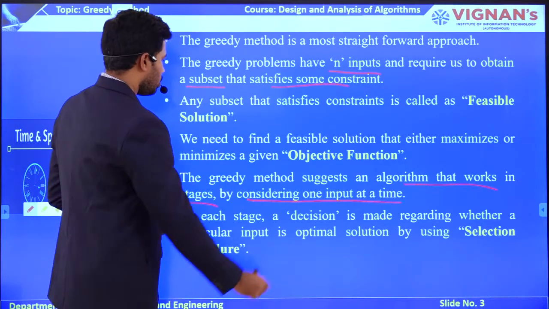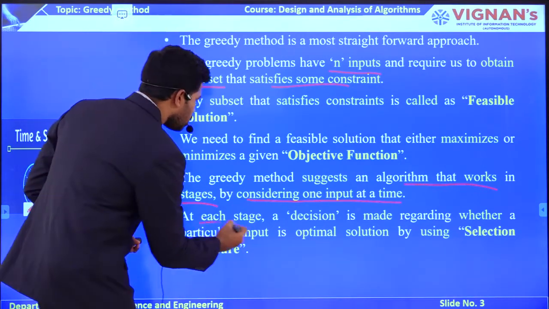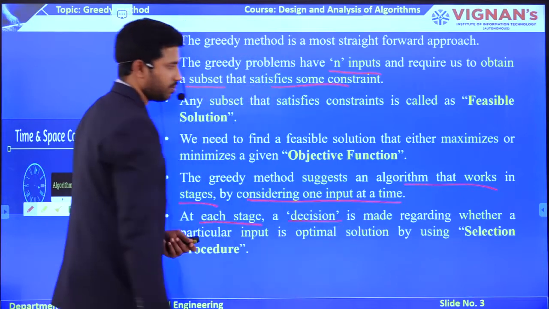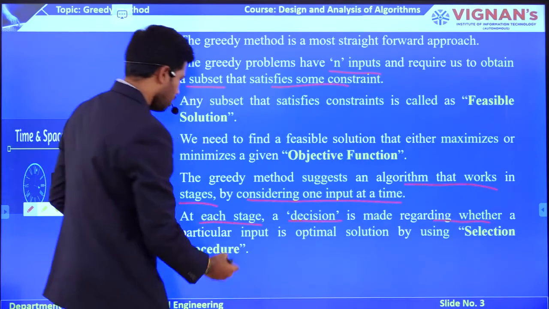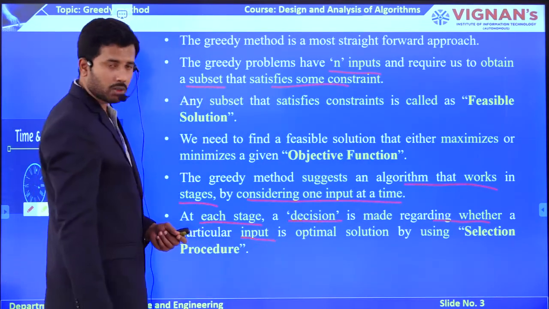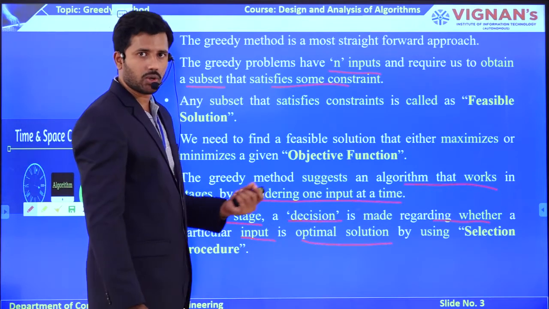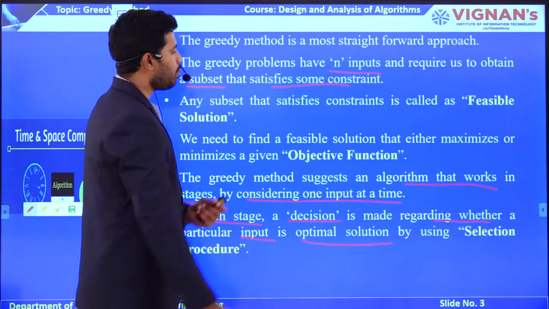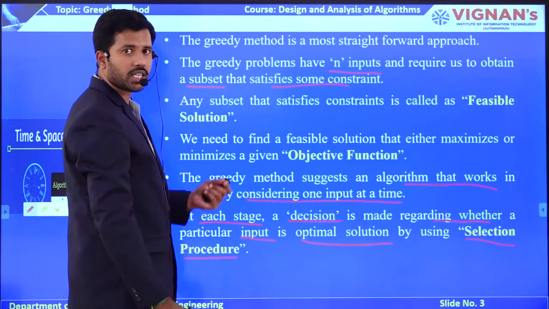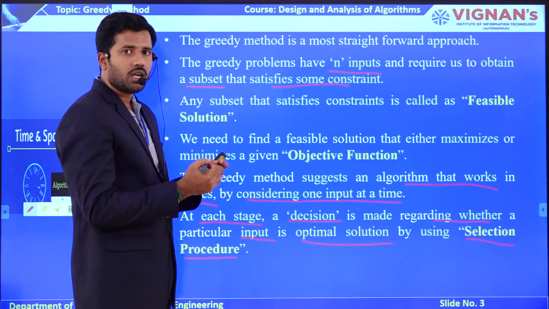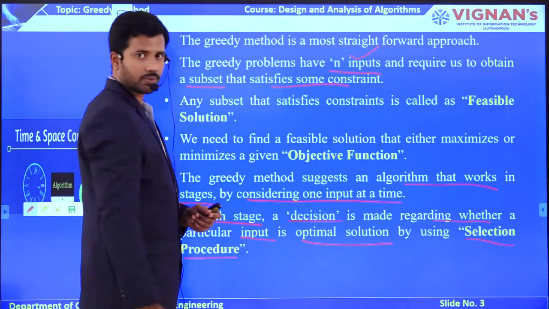At each stage you have a decision, so that you can determine whether the particular input possibility is my optimal solution or not. The optimal solution is nothing but the best solution. That can be done by a procedure named the selection procedure. Through this selection procedure, I select at a time only one possibility among n possibilities.